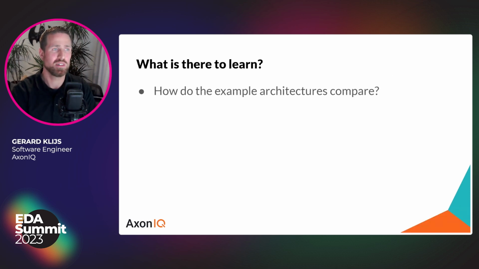What's there to learn? How do the example architectures compare? As you could see with the Kafka one, you have quite some things to set up and think about, especially to make the BCM event something that's usable for other applications. So that's something to keep in mind. And with Axon, it's a bit easier.